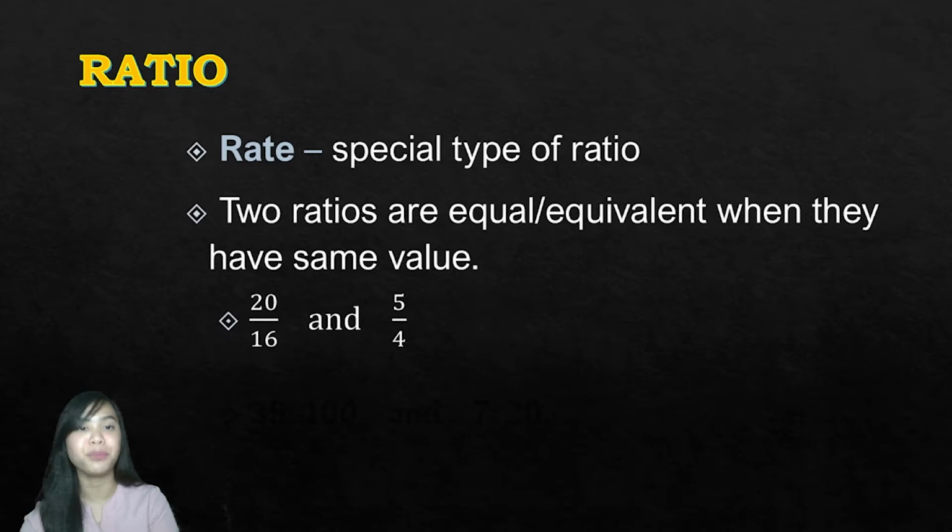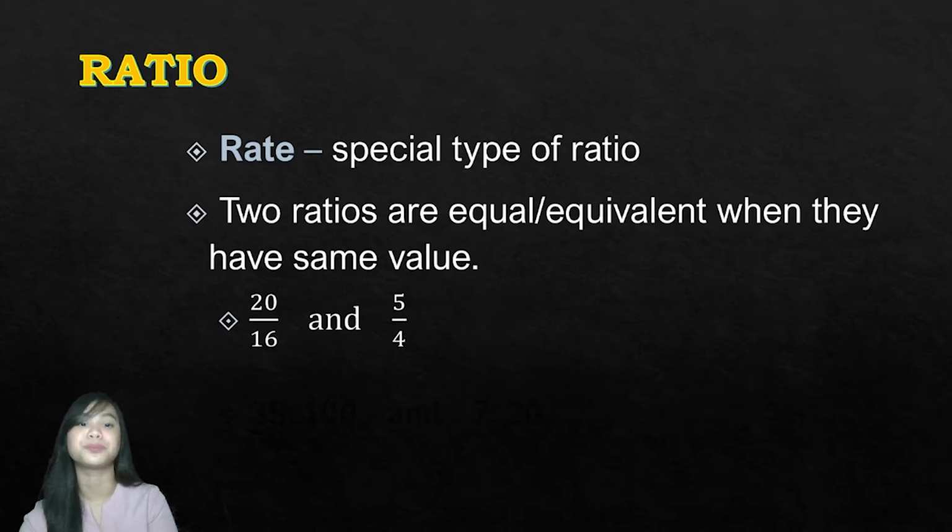Meaning 5 over 4 is the lowest term or the reduced form of 20 over 16. So they have the same value, because 4 over 4 is just 1.